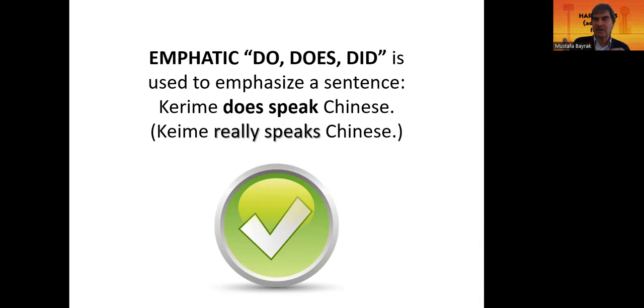Kerime speaks Chinese seems weak here, so we want to make it stronger like this. Kerime does speak, of course, without S this time. Kerime does speak Chinese means Kerime really, absolutely speaks Chinese.